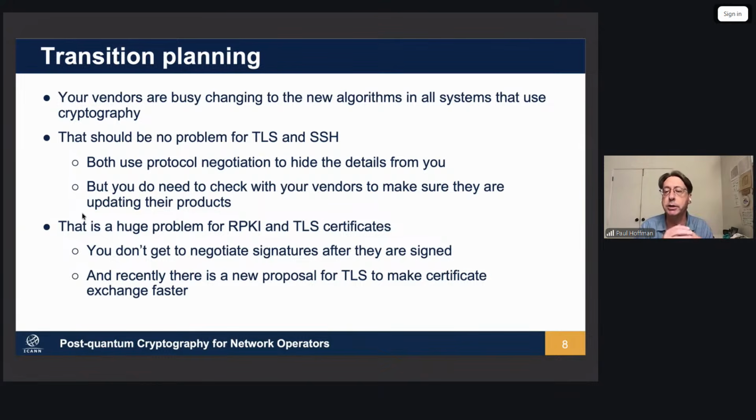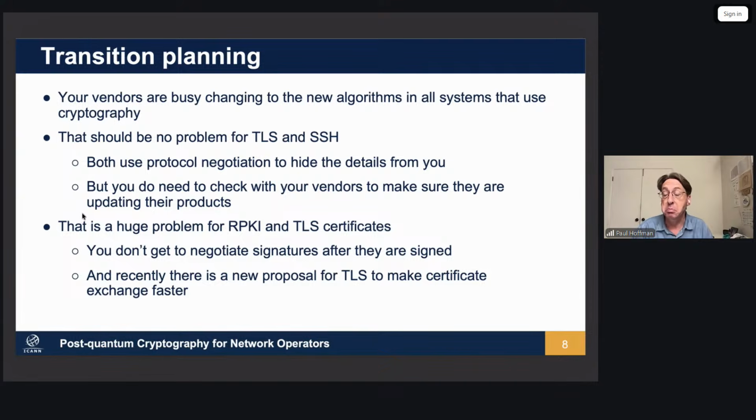So for TLS and SSH, the things that are keeping our secrets going, this is not an issue for you. You don't have to be watching this because it might turn on automatically and the protocols hide the details from you. That's not always the case, though. Depending on who has made your firewall, who's made your router and such, you might need to change some of the configuration.